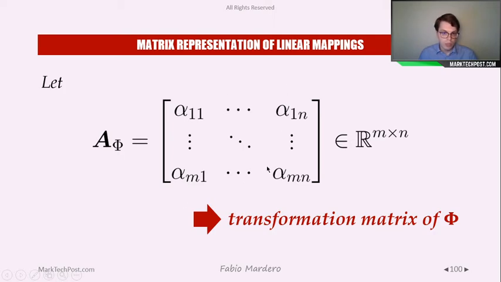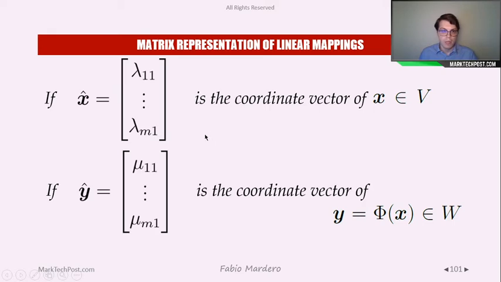Why do we do this representation in this way? Well, because if we take a generic vector x and we represent it with the basis B, then these lambdas will be its coefficients.